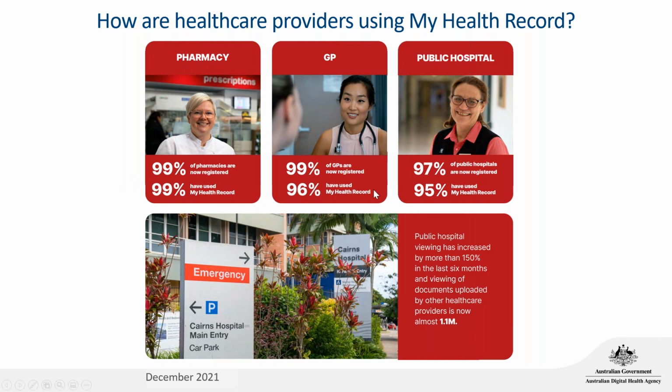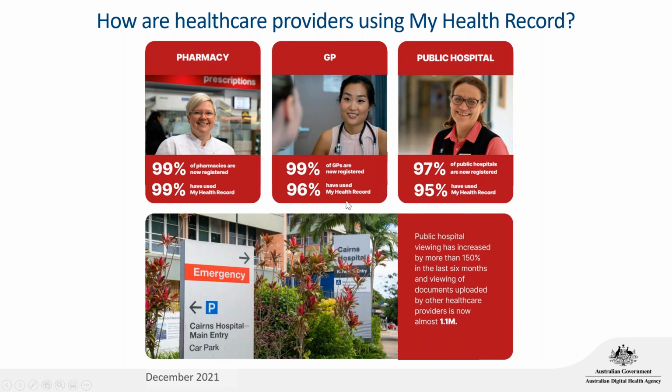Then we also have the majority of general practices. We know a lot of them are registered with My Health Record. They're accessing it, viewing it, and uploading very useful documents into patients' My Health Records as well. One of those documents would be things like a shared health summary, for example.